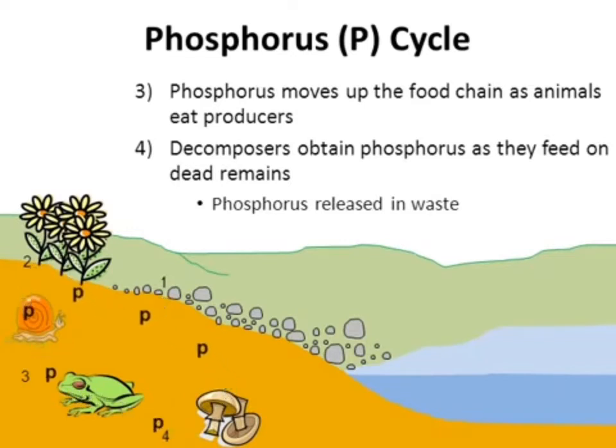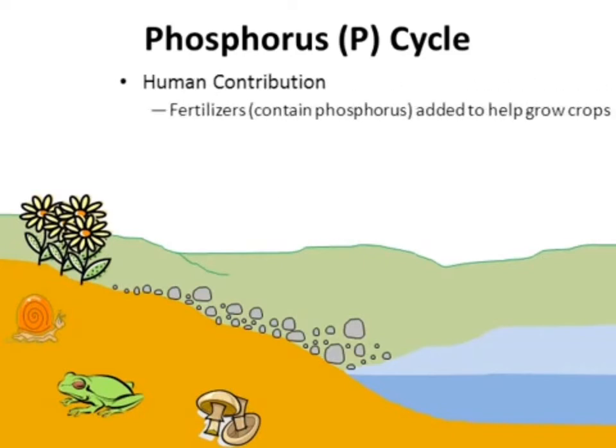I'm not implying that the mushroom will hunt the frog, the snails, and flowers, but when the frog, snails, and flowers die, their dead remains, which still contain phosphorus, are eaten by decomposers such as fungus and bacteria. If we notice here, there is also phosphorus coming out of the mushrooms, because again, all organisms give up waste, and fungus and other decomposers will give up phosphorus in their waste.